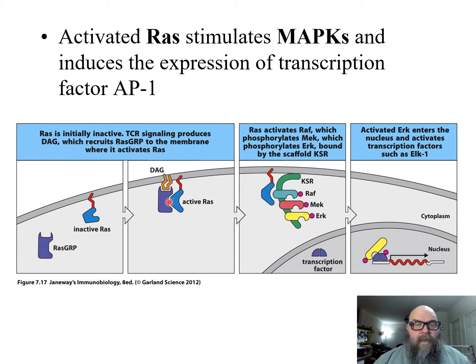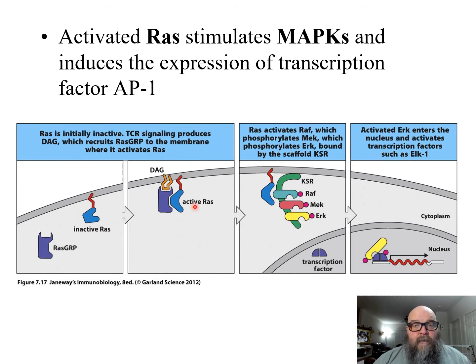Okay, so now you have RAS GRP bound to diacylglycerol. Remember, you take PIP2, cut off the IP3, leaving diacylglycerol in the lipid bilayer. Well, that's going to act as a platform for RAS GRP to bind to. It's now stable, in the correct orientation to interact with RAS.